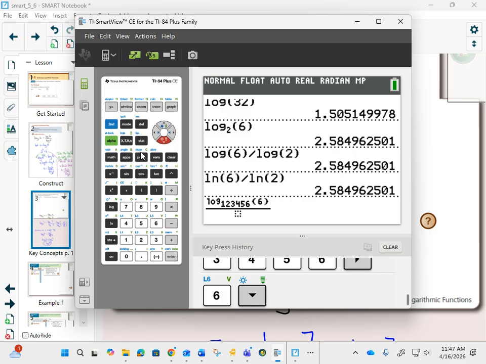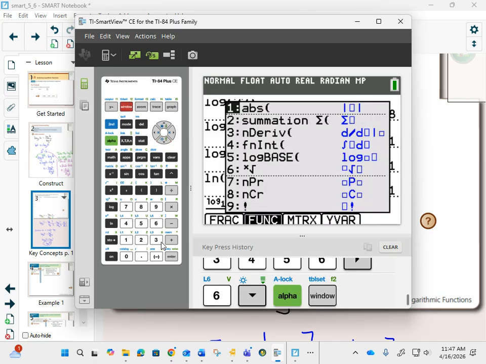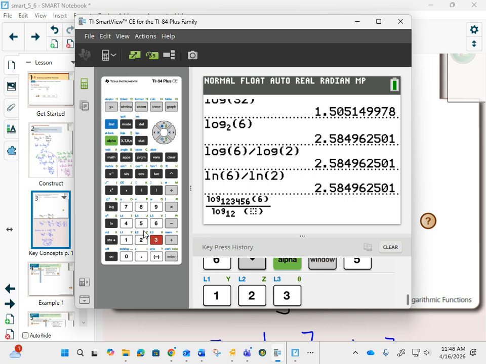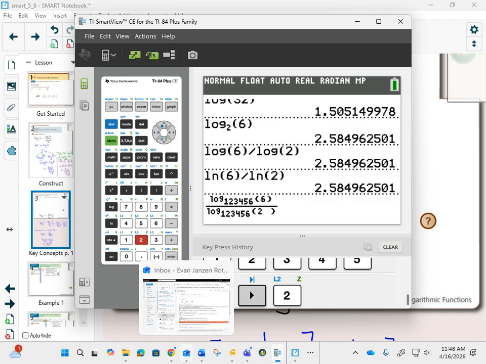This might hurt my calculator a little bit, actually. I wonder if it's going to get mad at me, because I'm going to make my calculator do some very difficult math right now. I changed the base to 123456, of log base 6 divided by log base 2.